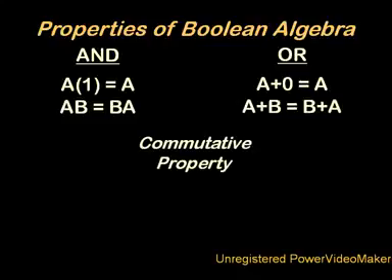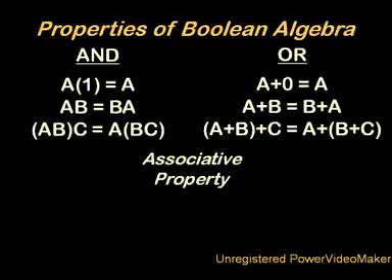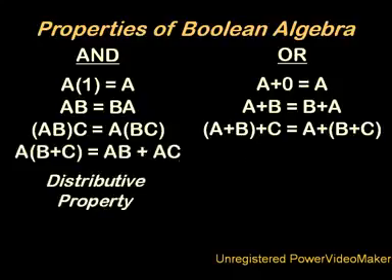A and B is the same as B and A, or A or B is the same as B or A. Duh! Perhaps not quite as obvious, the associative property also works. And, maybe not obvious at all, the distributive property works. You can factor and you can distribute.